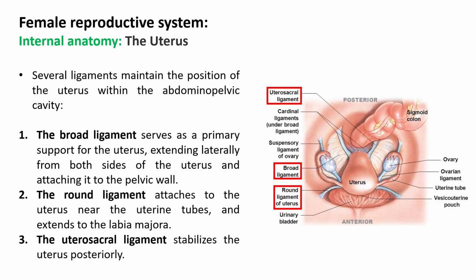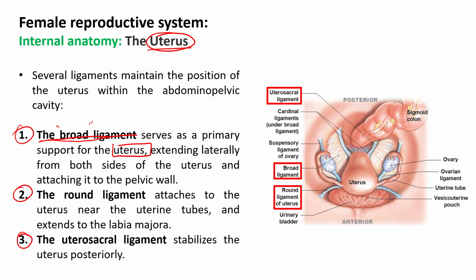Now, the ligaments. We're going to focus right now on the ligaments associated with the uterus, but many of these ligaments also support other reproductive system organs. These are the three major ligaments that support the uterus. The broad ligament, as the name implies, is broad connective tissue that attaches to the uterus, of course, but also to other organs, as we're going to see later, the fallopian tubes and even the ovaries.